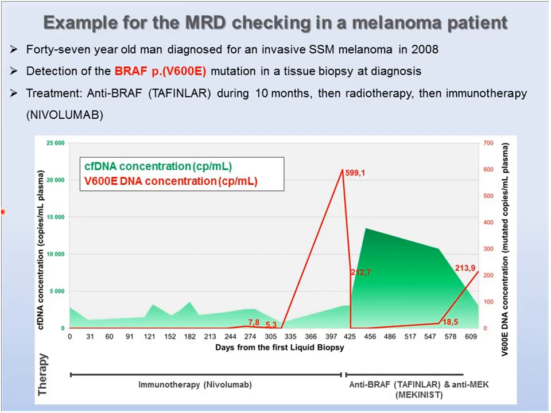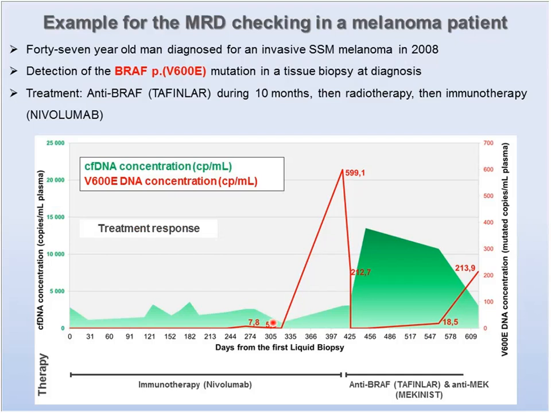During the first 8 months of the follow-up, these values were stable, coinciding with the stable status of the patient. Then we detected the BRAF mutation in 2 liquid biopsies, just above our limit of detection.